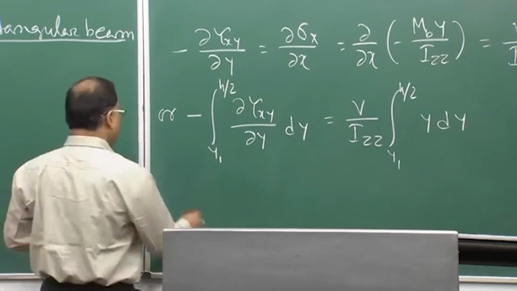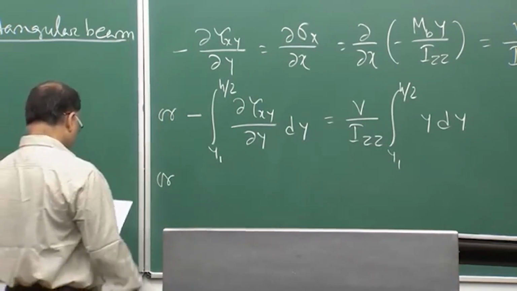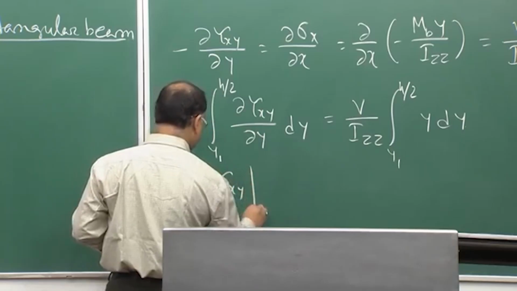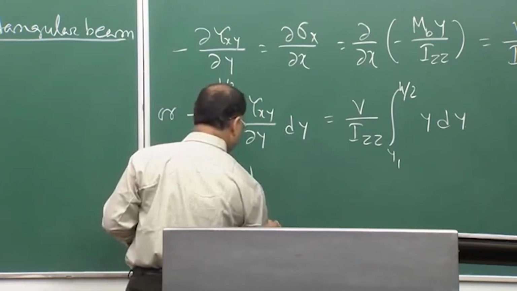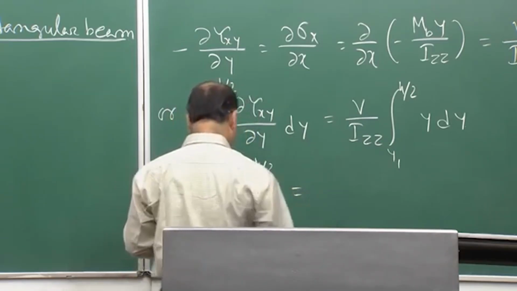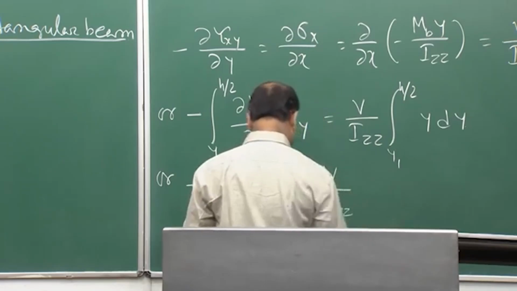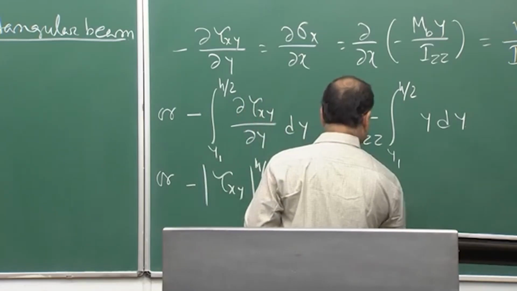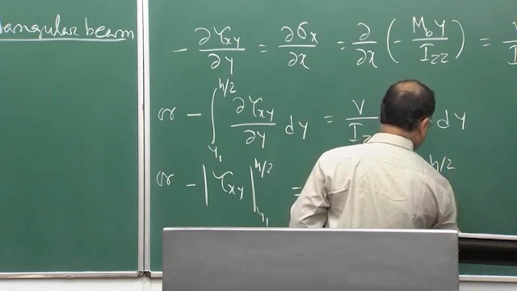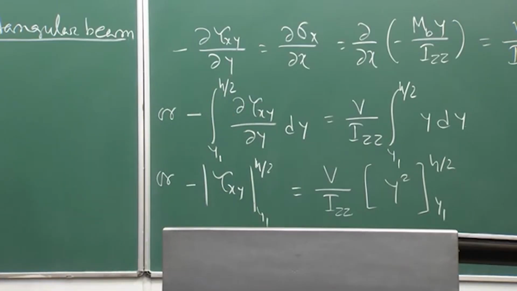Now, from this I can get minus tau xy from y1 to h by 2 is equal to V by I_zz times y square by 2 from y1 to h by 2.